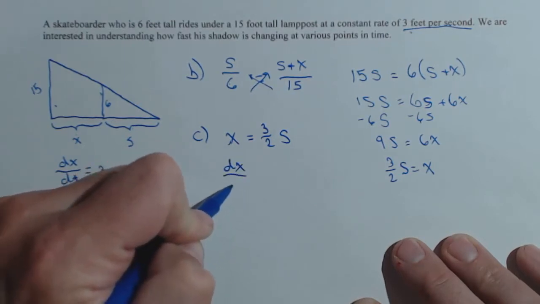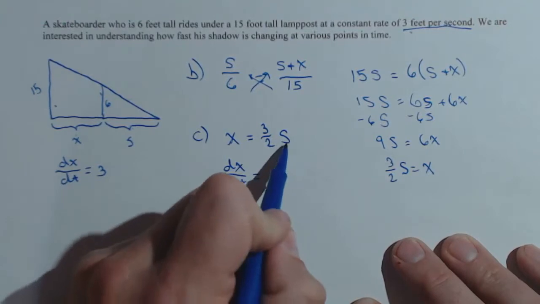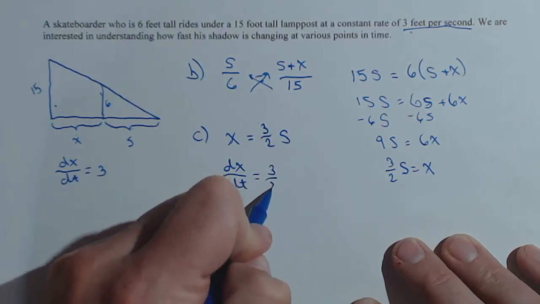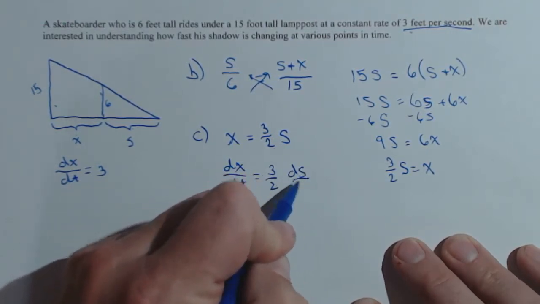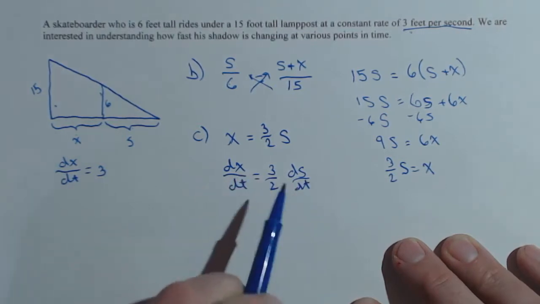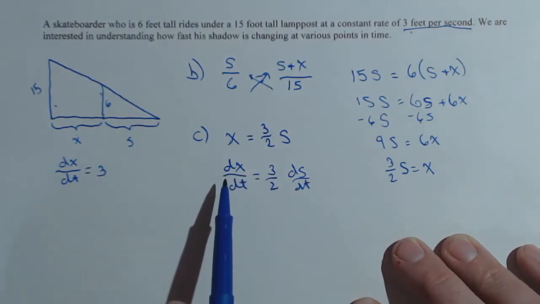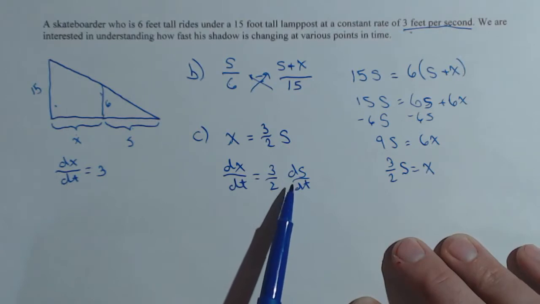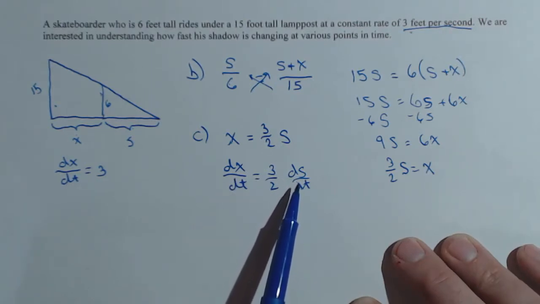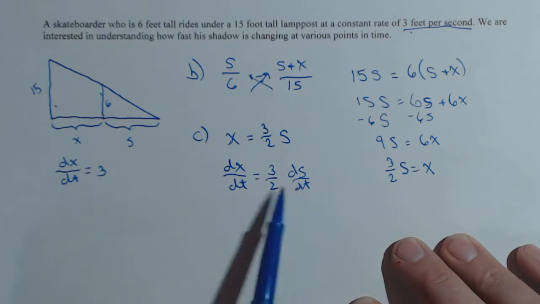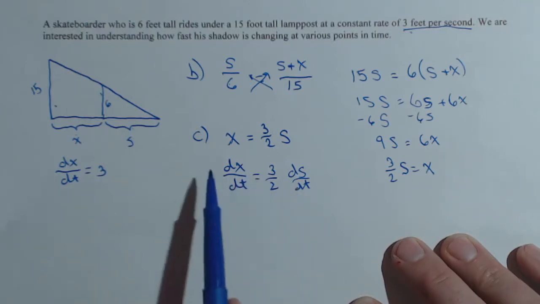The derivative of x is just dx/dt. And the derivative of s, well, the constant stays, and the derivative of s is just ds/dt. So this means there's a linear relationship between dx/dt and ds/dt, and the rate that the length of the shadow is changing is independent of where the skateboarder is at, because there's no x in this problem, or s for that matter.